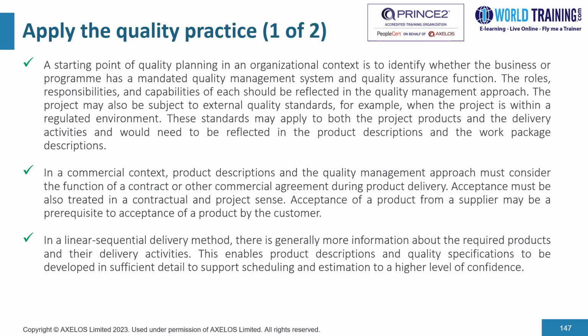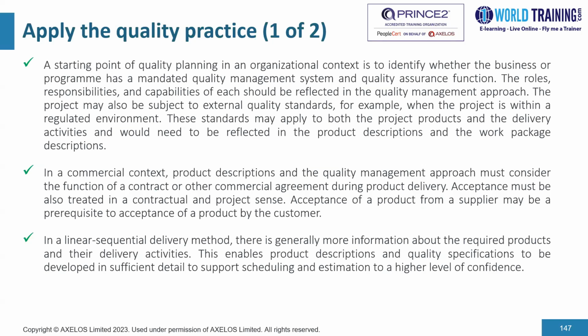Now, in the commercial context, product descriptions and the quality management approach must consider the function of a contract or other commercial agreement during product delivery. Acceptance must also be treated in a contractual and project sense. Acceptance of a product from a supplier may be a prerequisite to acceptance of a product by the customer.